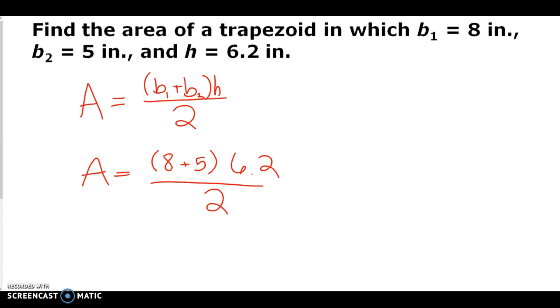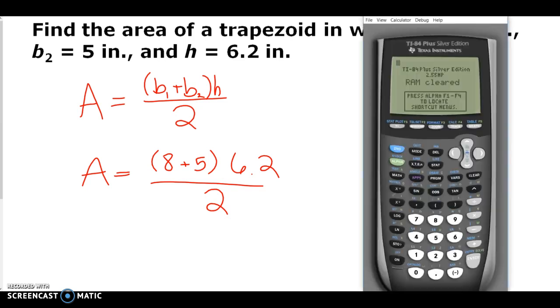Now you could do these in individual steps, but I would highly recommend just putting it in your calculator exactly how it looks, so there's no room for error. So how do I get a nice pretty fraction with the 2 boxes? You remember? Alpha y equals, it's that first one.